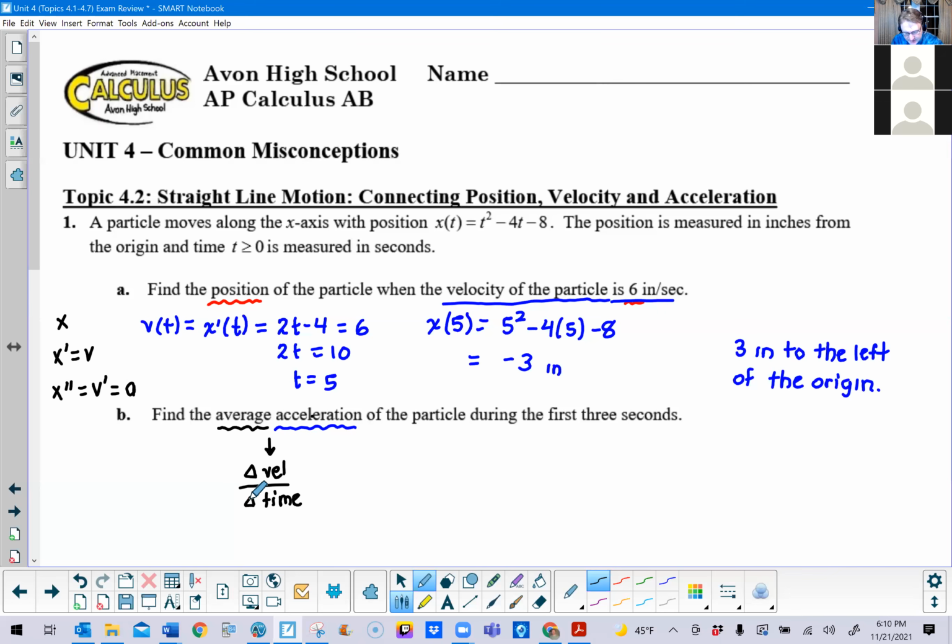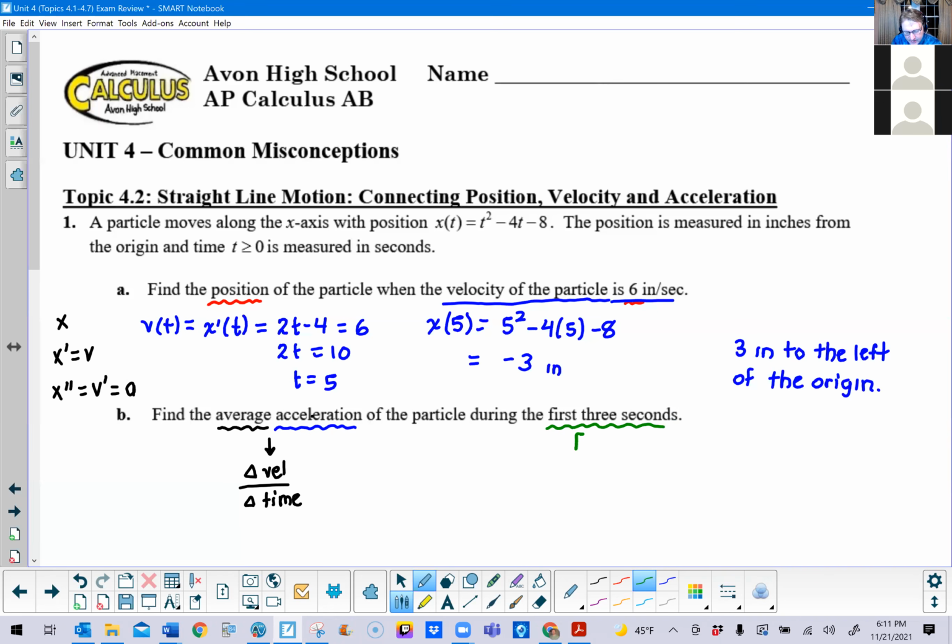And the second obstacle, sometimes this bothers students more often in certain years than others, is the phrase, the first 3 seconds. I think we had a problem on our quiz that was the first 2 seconds. And students interpreted that as from time 1 to time 2. Think about this. How many seconds have gone by from time 1 to time 2? Just 1 second. We wanted time 0 to time 2.